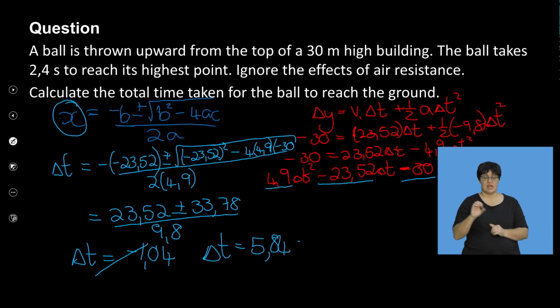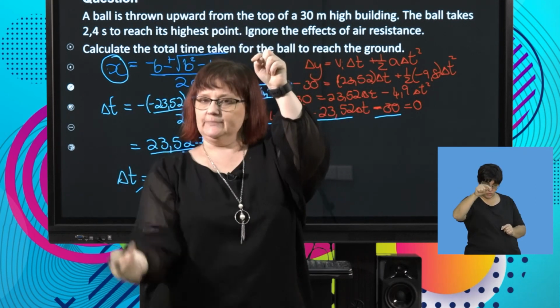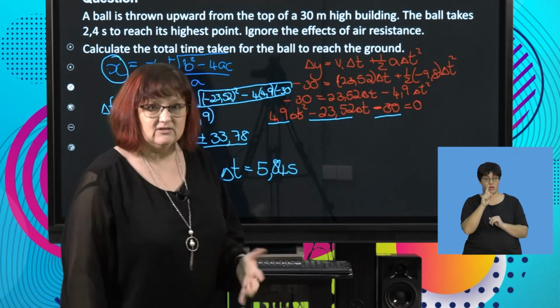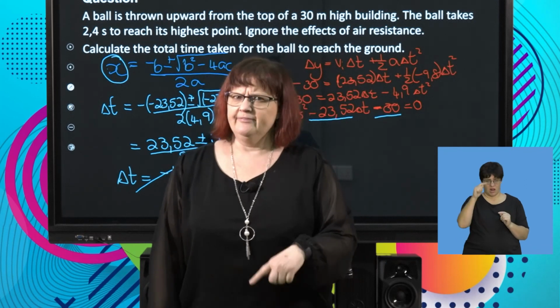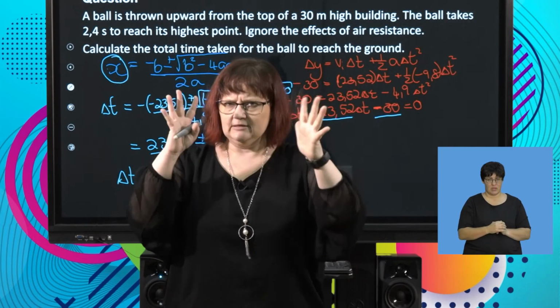Now that time makes sense to me because it took 2.4 seconds to get to the top of the motion, and now it's going to take more time to get to the bottom. So even this minus 1.04 doesn't make sense, because then it took less time to get all the way to the bottom than it did just to get to the top, okay? And I know that was quite difficult.